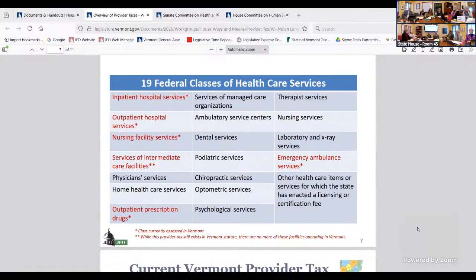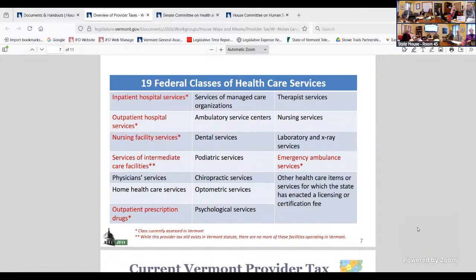If I'm heavy on commercial and don't have a lot of Medicaid, I'm paying provider tax on my total across all the payer mixes, but I'm not getting a lot back in Medicaid reimbursements because I don't have a high Medicaid population.